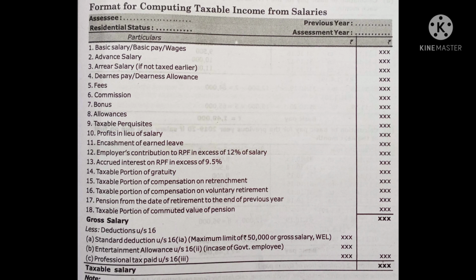So here your problem gets completed, but as I told you yesterday, in this chapter you will have 2 14-mark questions, 2 6-mark questions and 2 2-mark questions. The major portion of marks will be covered from this chapter, but if you don't know this format, you cannot proceed further. So all of you write down this format.